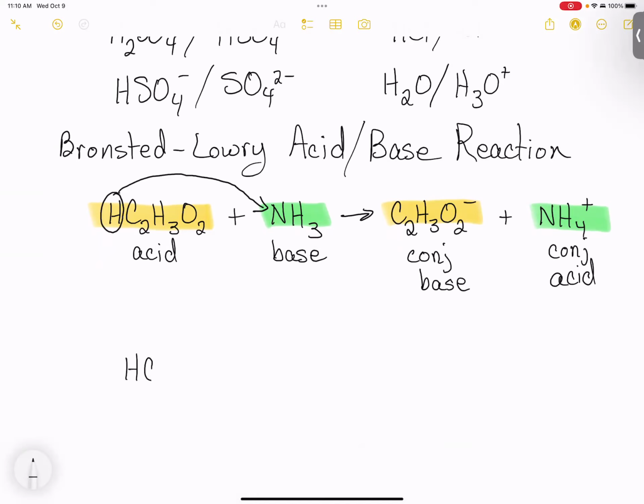If I give you the reaction HCl plus water goes to make hydronium and chloride, I expect you to be able to identify the acid, the base, the conjugate acid, and the conjugate base from their definitions.